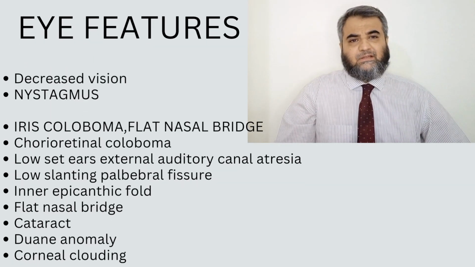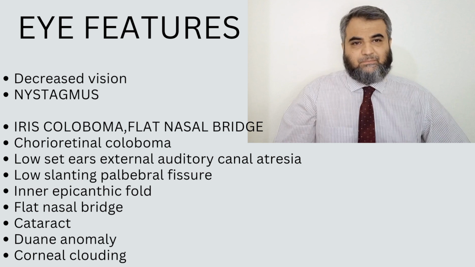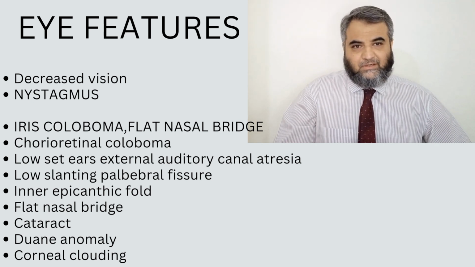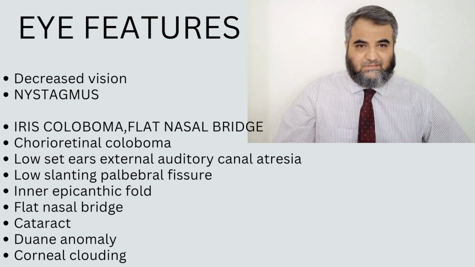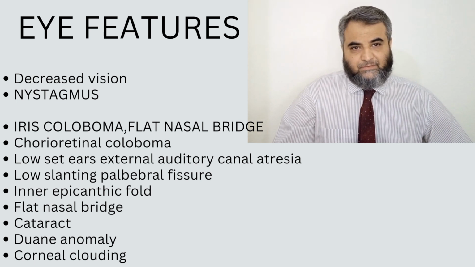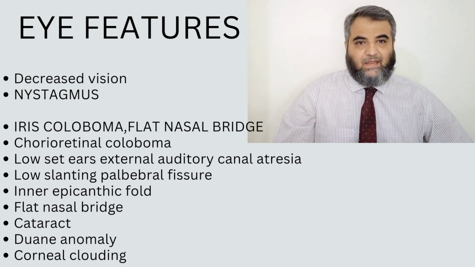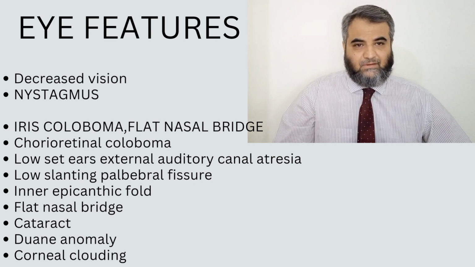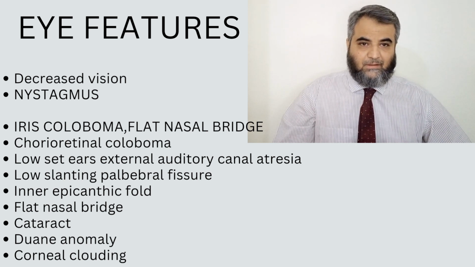When we talk about the clinical features in the eye, these patients usually present with low vision because they develop certain characteristic features in the eye, which we'll discuss and see in the future slides, because of the incomplete formation of the iris. That incomplete missing tissue in the iris, in the retina, in the choroid, even involving the optic nerve, is called coloboma.